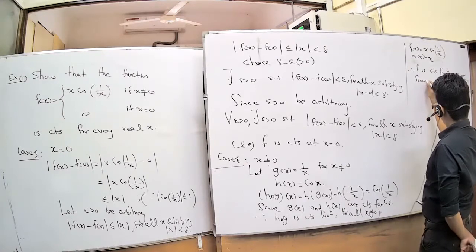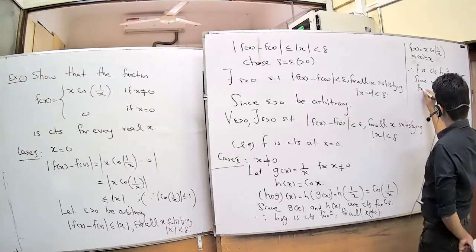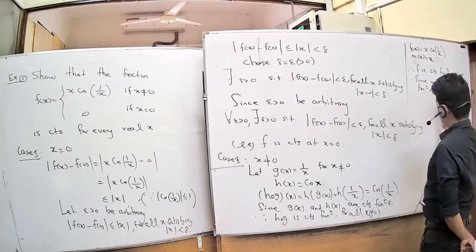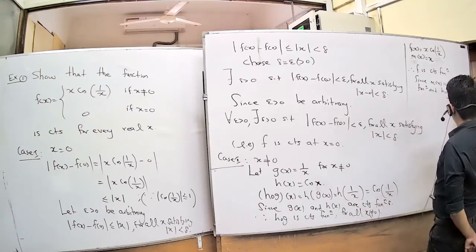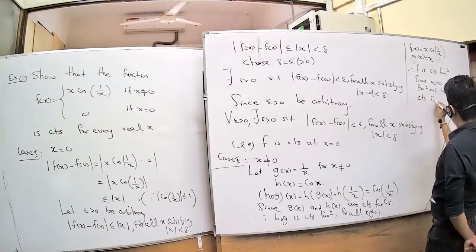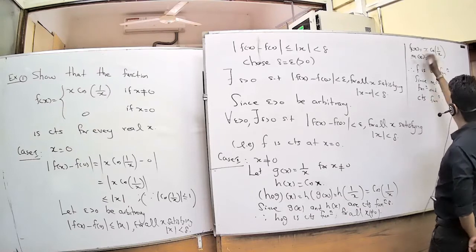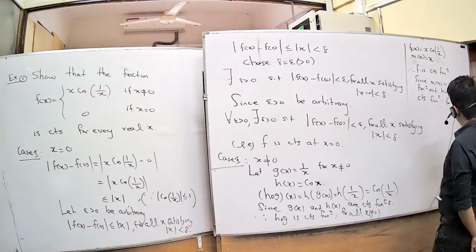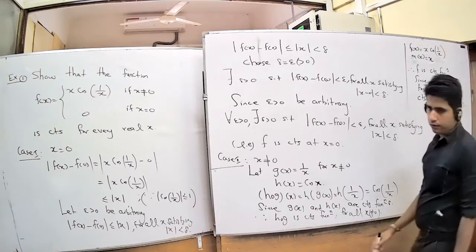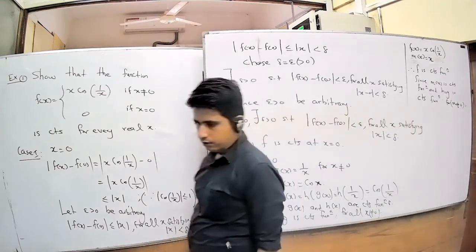Since m of x is continuous and h composition g is continuous, the product of the two functions is continuous for x not equal to 0.